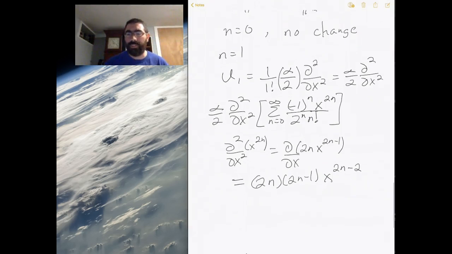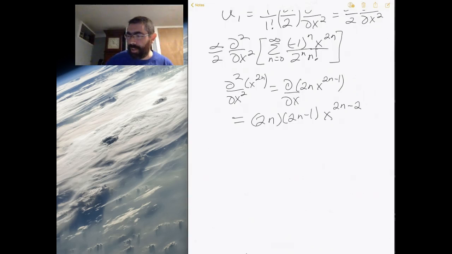So let me put that inside the summation. Now what we're left with, when U1 is operating on my wave function, is alpha over 2, the sum, n equals 1. It's not n equals 0 because the n equals 0 term was just the constant 1.